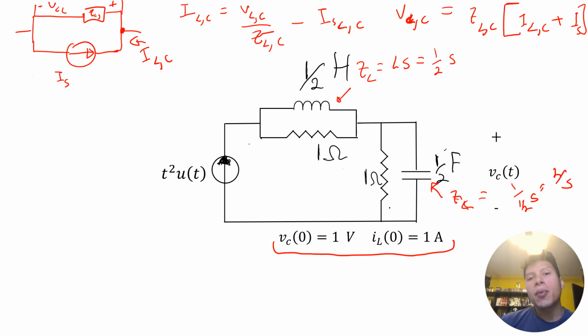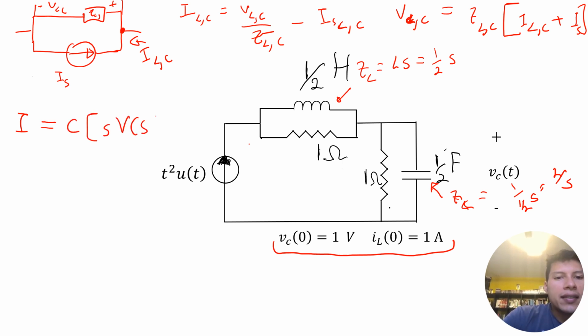And then what we did to figure out what I source was, we just basically used our IV relationships for the capacitor and inductor in the Laplace domain. So we said that for the capacitor, the capacitor current is equal to C S V sub S minus V0, remember I sub S. And so for the capacitor, we would want to use this equation.